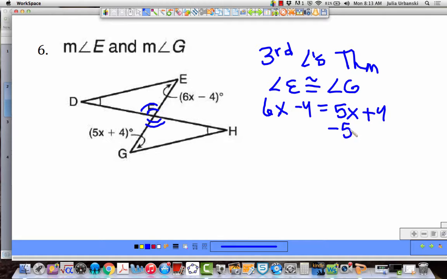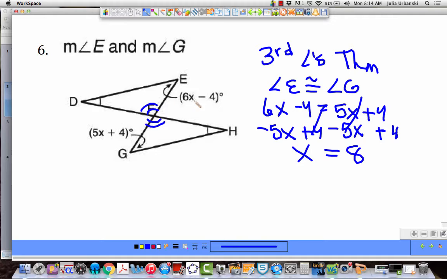So minus 5x, plus 4. x equals 8. That's what I got. Did someone get anything different? Alright, so x equals 8.